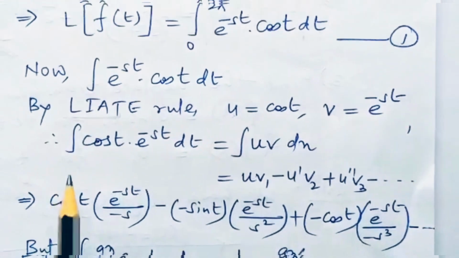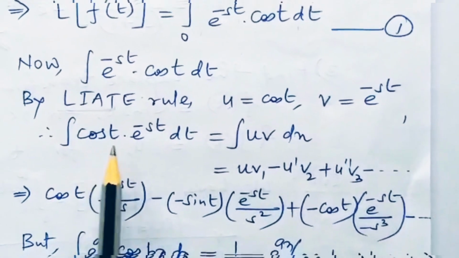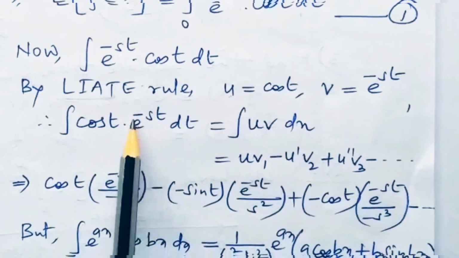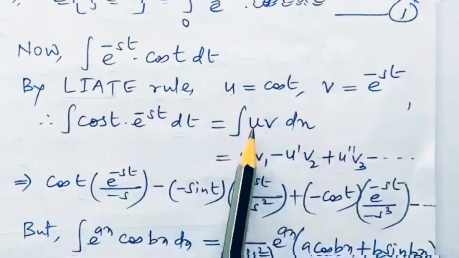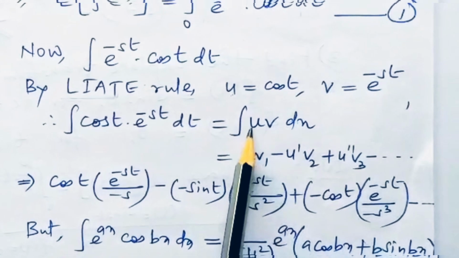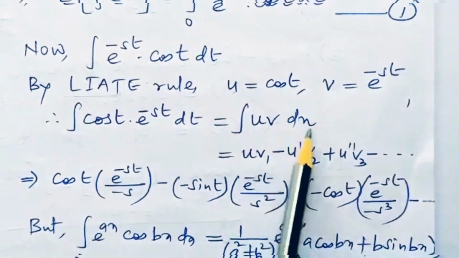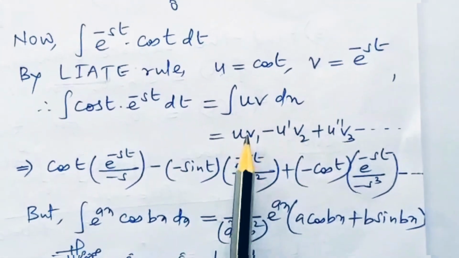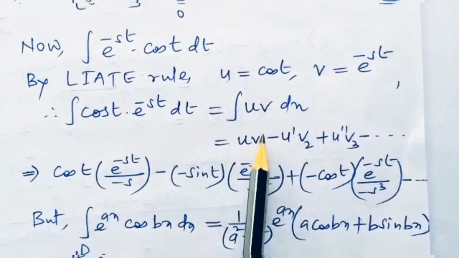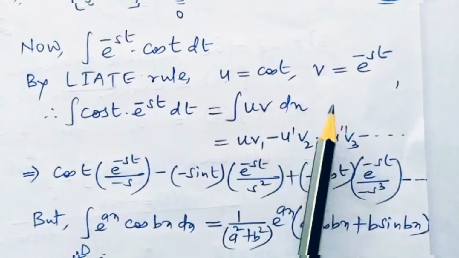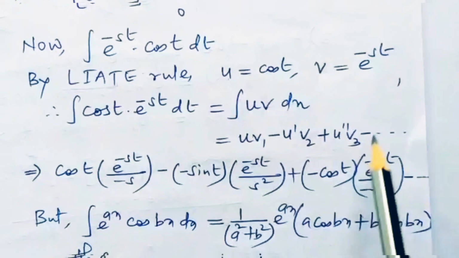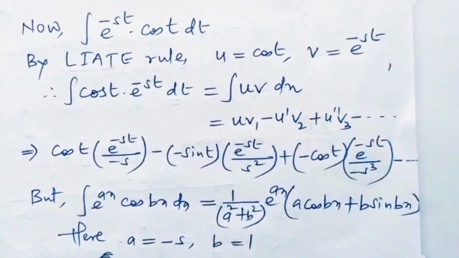Let's apply the rule. It looks like cos of t into e to the power of minus st dt. It resembles u into v dx under the integral sign, which goes like this: u v1, alternate sign convention, u v1 minus u dash v2 plus u double dash v3 minus u triple dash v4, and it continues like this.